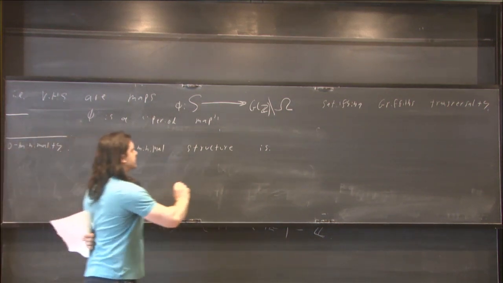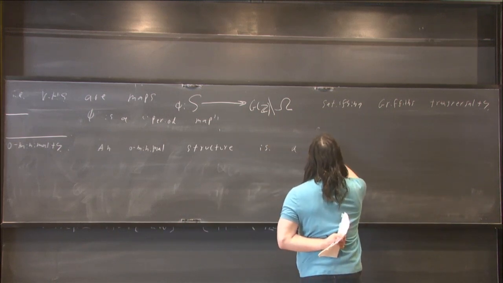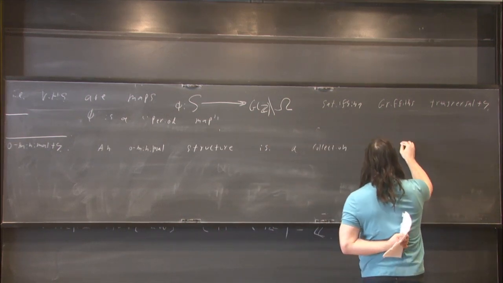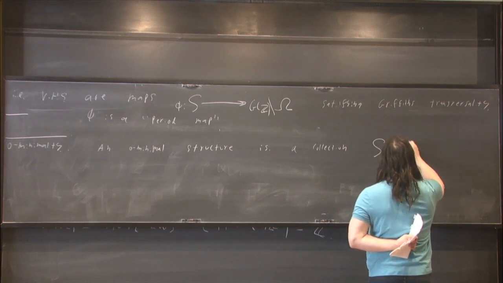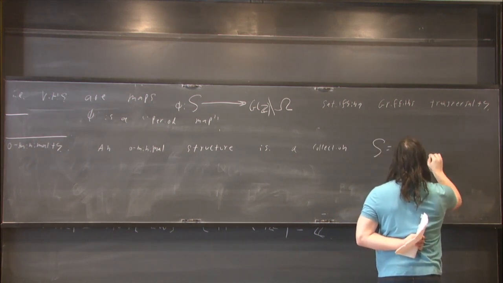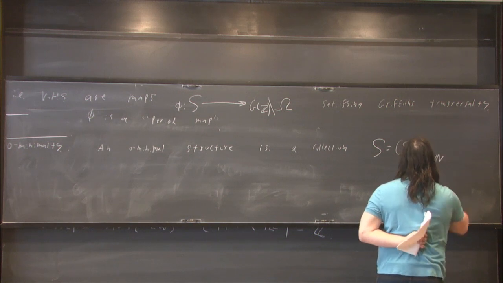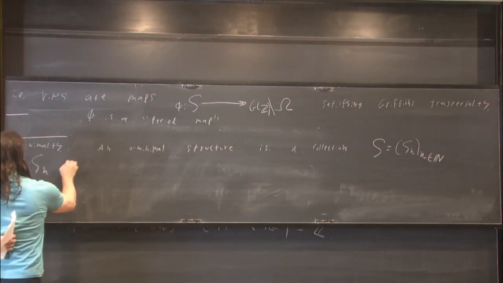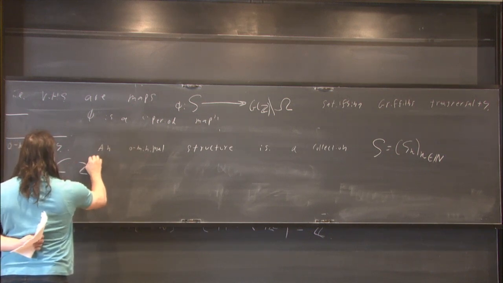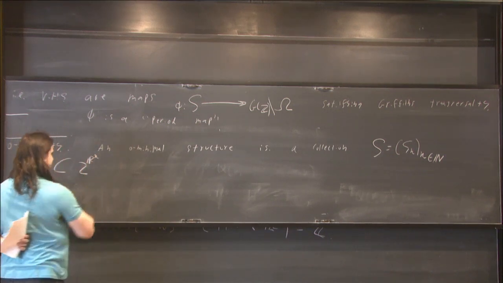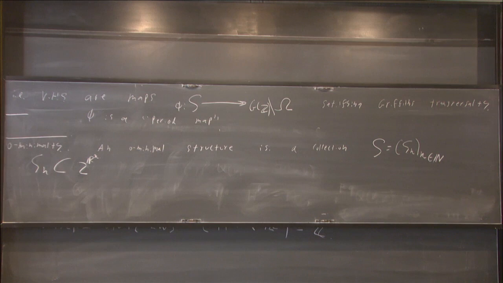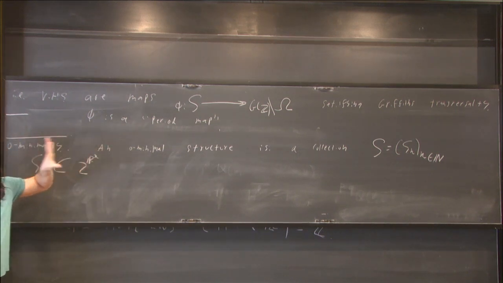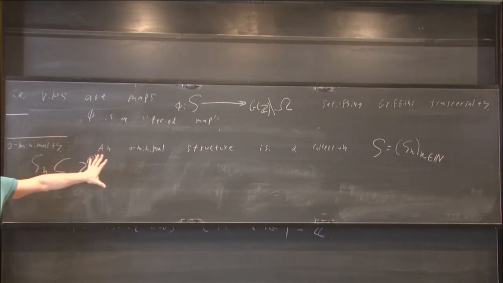So it's a collection S of subsets Sn, where each Sn is a subset of the power set of R to the n. Concretely, for each n, we're saying which subsets of R to the n we're allowing.